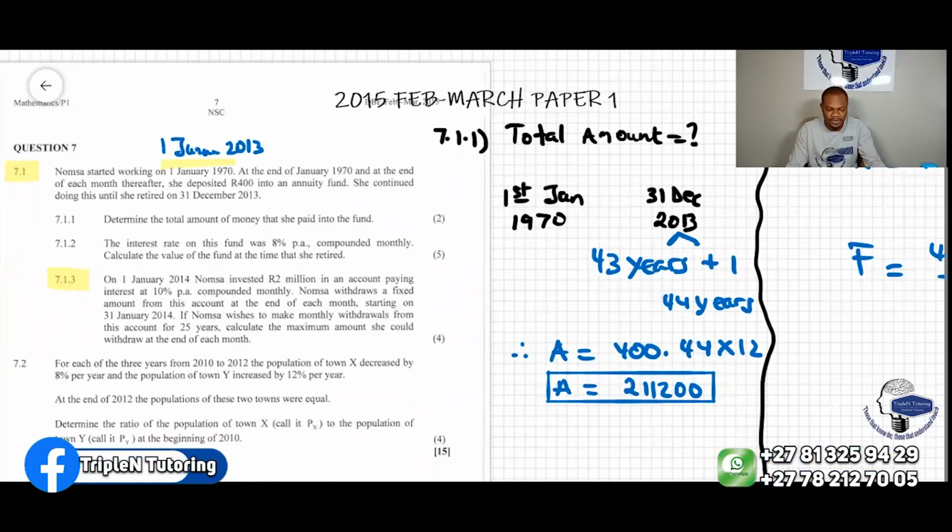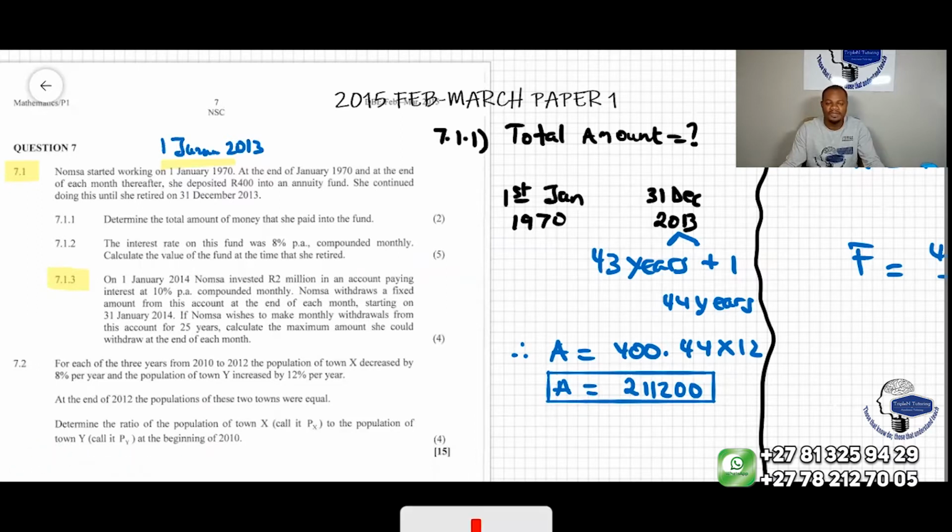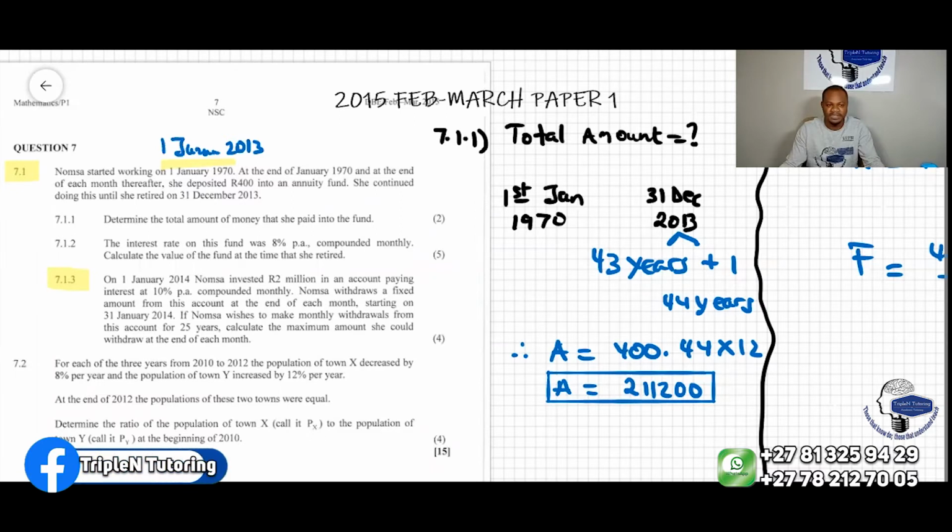We're doing question 7 now, 7.1.3. The question says, in January 2014, Nomsa invested 2 million in an account paying interest at 10% per annum, compounded monthly.